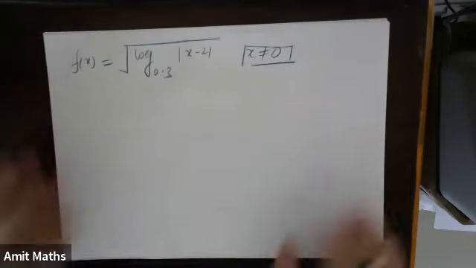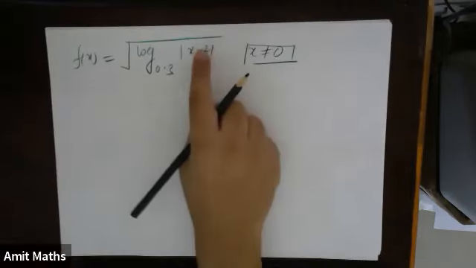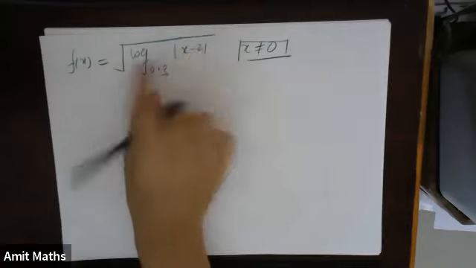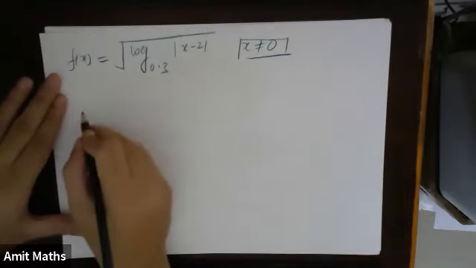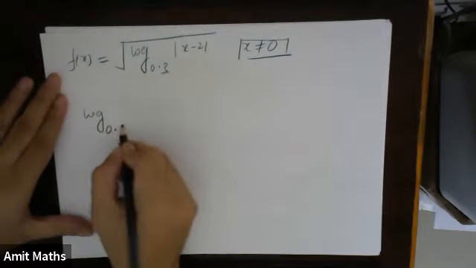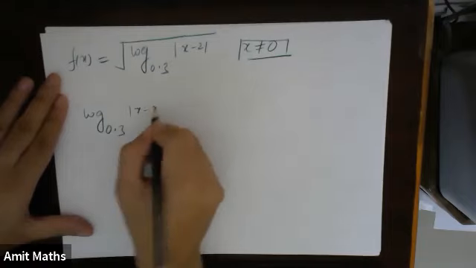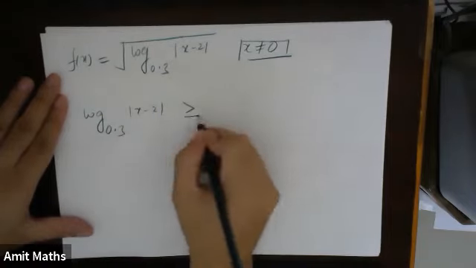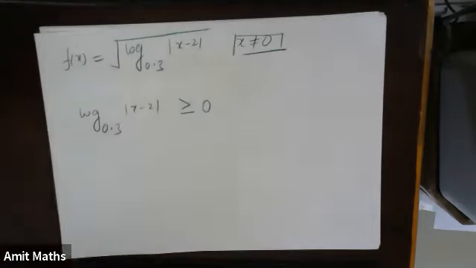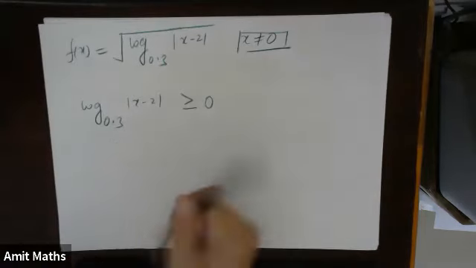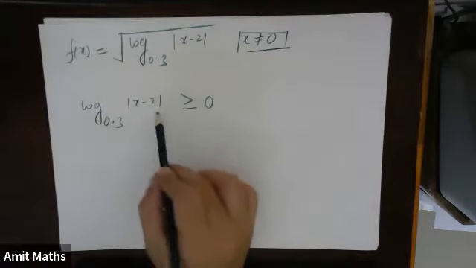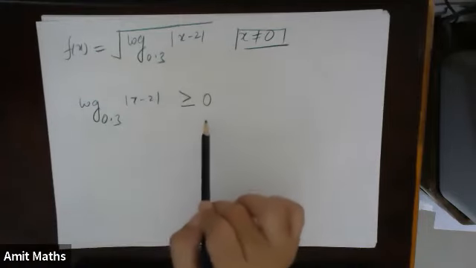So now I have to find for what values of x this part will give me positive. So log base 0.3 of mod of x minus 2 should give me a value greater than or equal to 0.